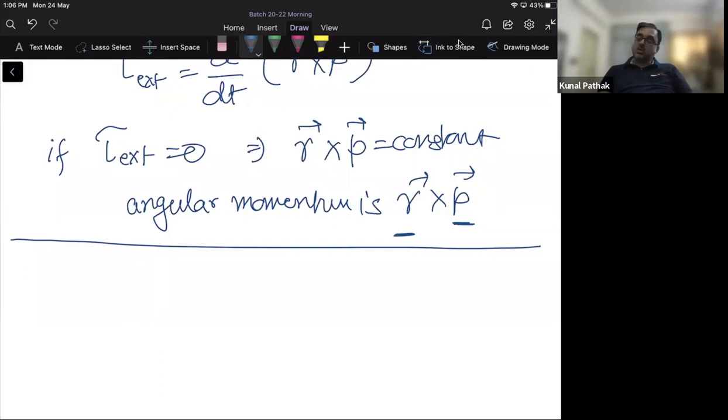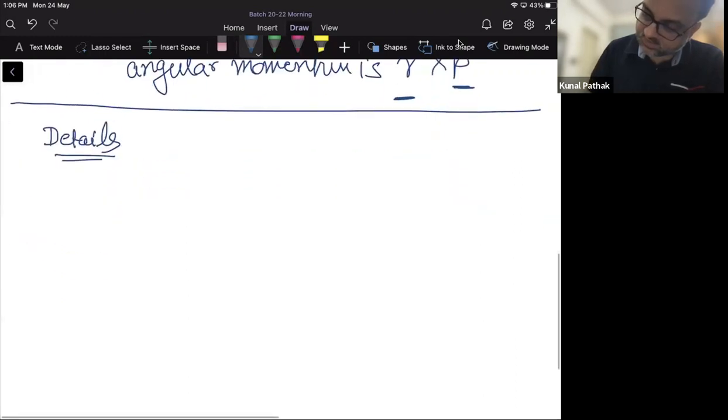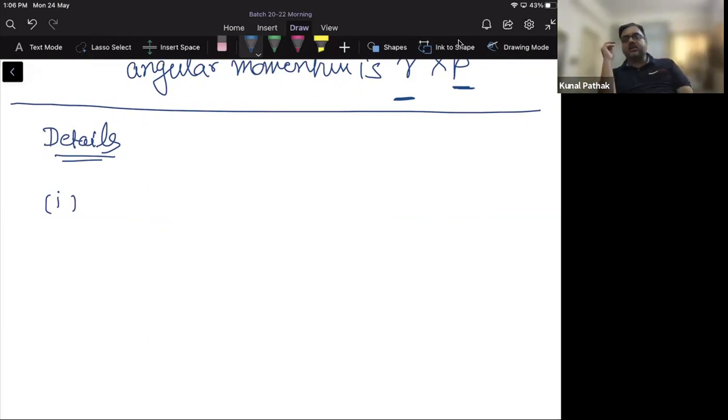Okay, so what are the details about angular momentum? Well, what you have to remember, details are very, very simple. Number one, हाँ वही जोएब ना, तभी मैंने बोला ना कि अगर एक बॉडी लिनियरली मूव कर रही है तो उसके पास एंगुलर मोमेंटम हो सकता है, राइट?